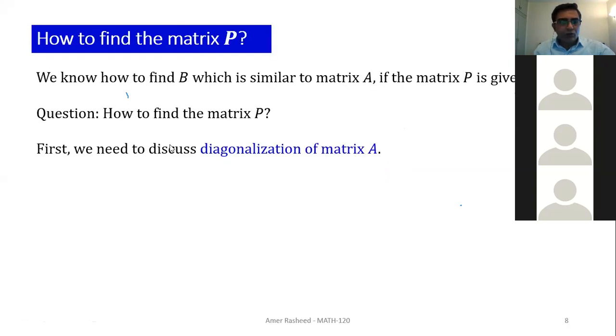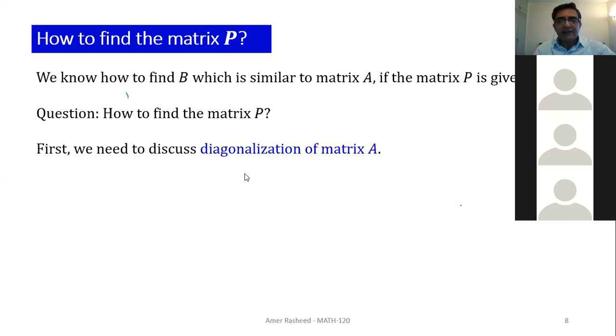Next, we are going forward. Now, the question is how to find such a P, which transforms the matrix A into a diagonal matrix. In order to discuss how to find P, first we need to discuss diagonalization of a matrix A, for any given matrix.